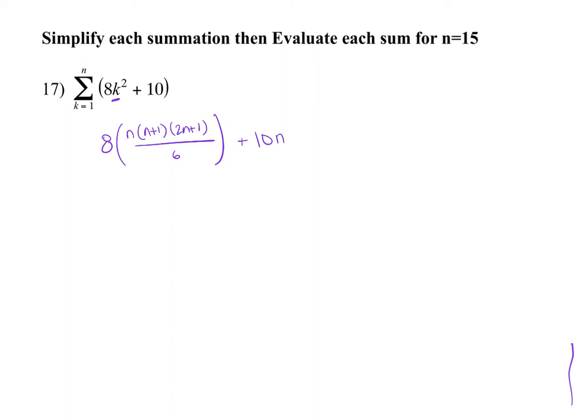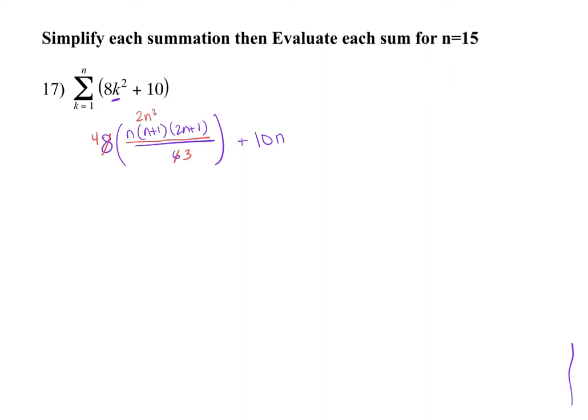Now for this one, it says simplify them. So it wants the simplified version, and then it wants you to plug in a 15, okay? So we do need to simplify this guy. I would reduce as much as you can reduce. Simplify this by just foiling and multiplying through.